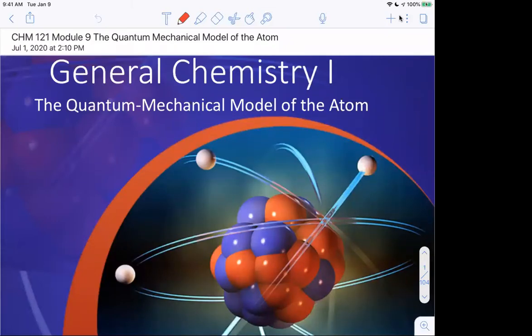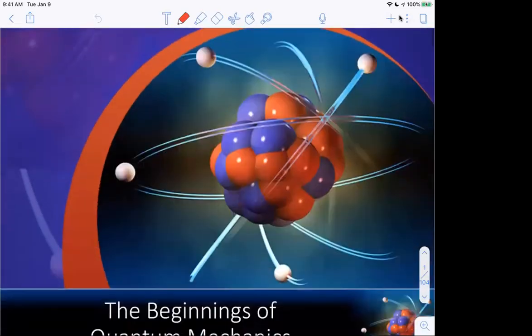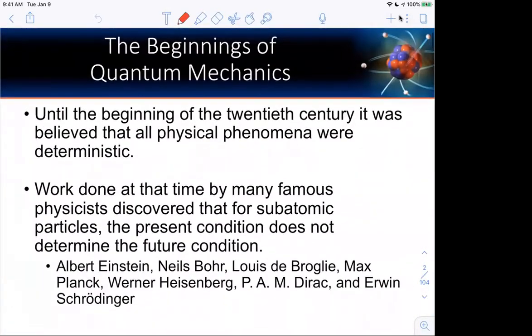So we are going to look at the quantum mechanical model of the atom. In early scientific history, in fact, not so early, as recently as the beginning of the 20th century, it was believed that all physical phenomena were deterministic.